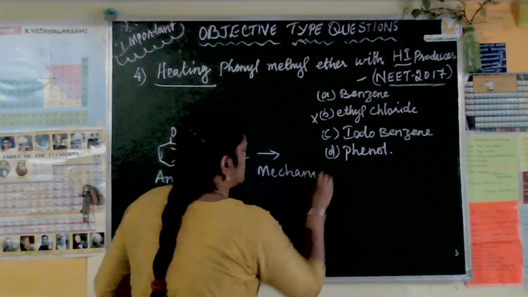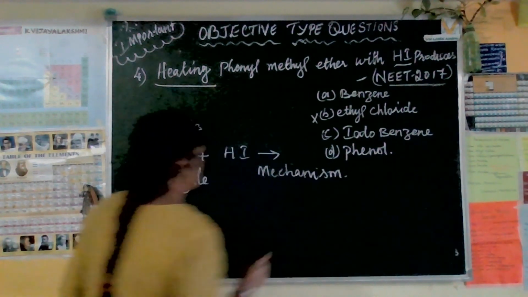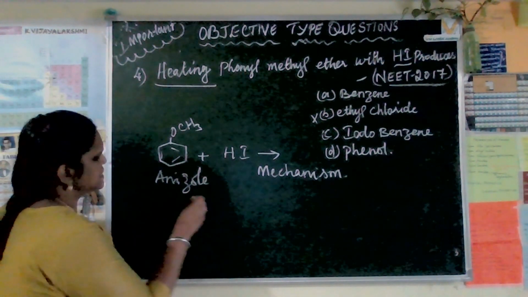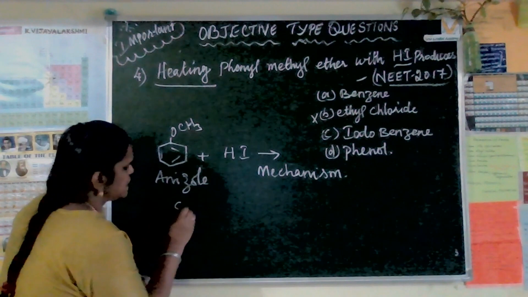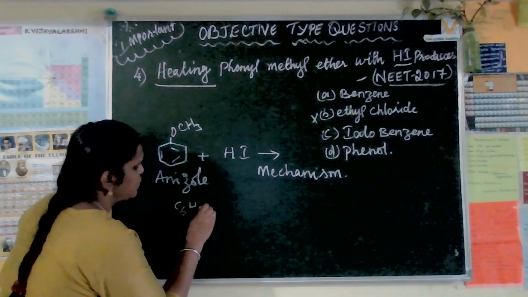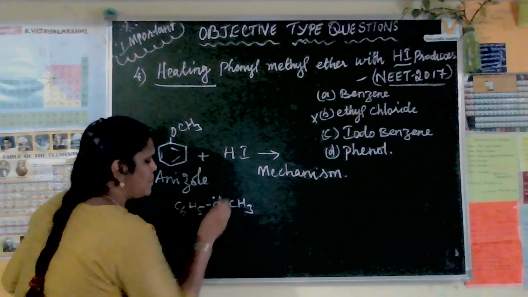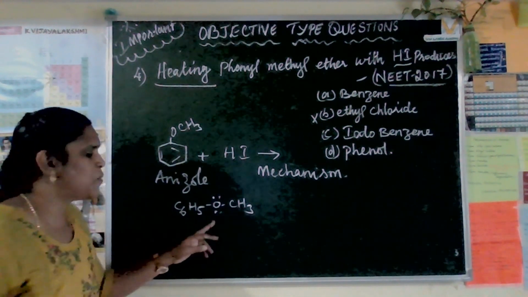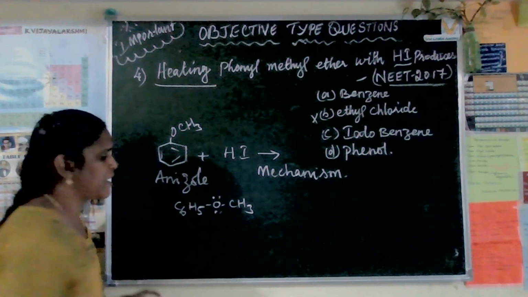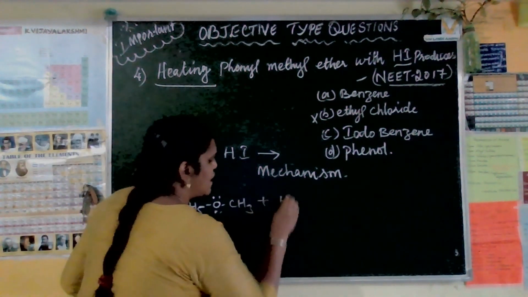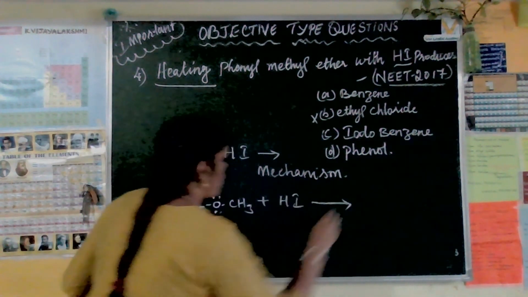Mechanism. How to go for that mechanism: here I just mention C6H5OCH3. This oxygen has two lone pairs of electrons, combined with hydrogen iodide. Now what happens?